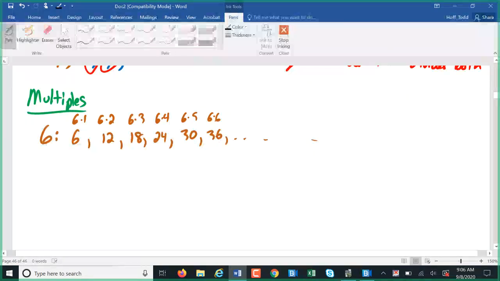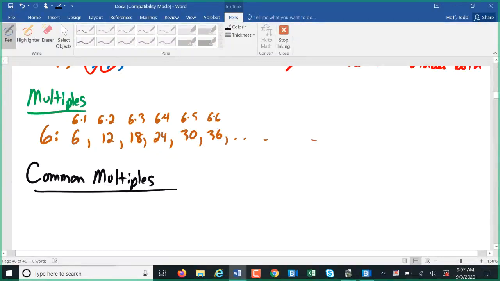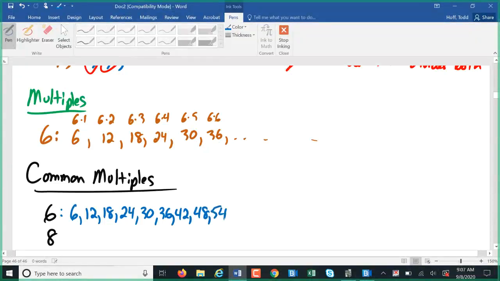Multiples themselves are not nearly as useful as something called common multiples. Let's say I have 6 and 8. Well, my multiples of 6 are 6, 12, 18, 24, 30, 36, 42, 48, 54, 60, and of course they keep on going.